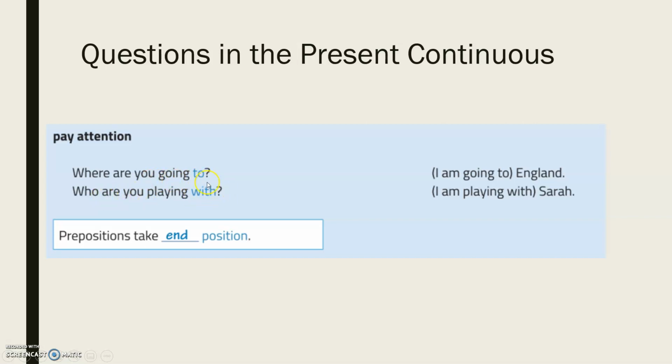The original sentence would be, for instance, we are going to England. This to goes to the end of the sentence. Who are you playing with? I am playing with Sarah. With goes to the end of the sentence. So don't forget that, because I saw that a lot of you forgot to do that when you were making questions in the present simple. It's the same rule here: the preposition goes to the end of the sentence.